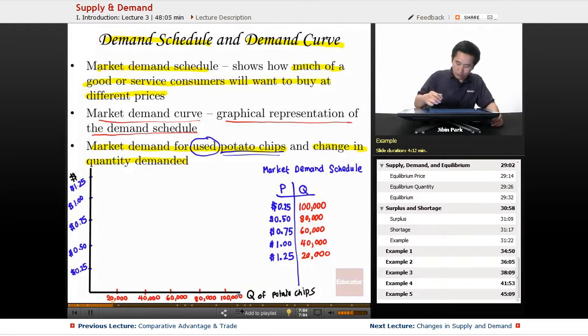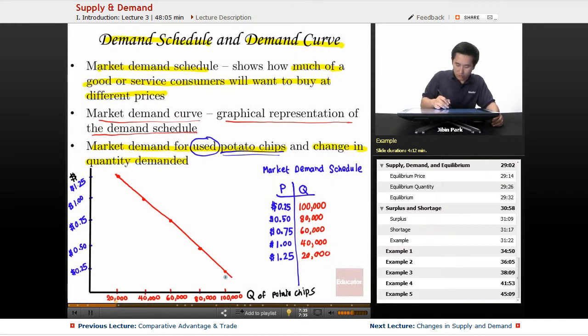And basically what you're doing is you're just plotting the points at this point. So at 25 cents, you have 100,000 potato chips that are demanded here. And at 50 cents, it would be 80,000. And at 75 cents, I'm sorry, it would be 60,000. At $1, it would be 40,000. And at $1.25, there's only 20,000 that is demanded at that particular price.